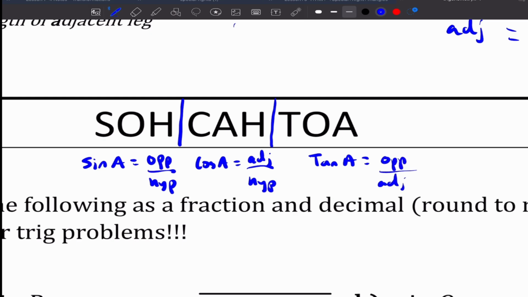Okay, so hopefully remembering the SOHCAHTOA will allow you to work through these problems, and you don't have to sit there and think through or go back to your reference sheet so much. But if you only know SOHCAHTOA, you wouldn't waste so much time. That's what I'm trying to say, okay?